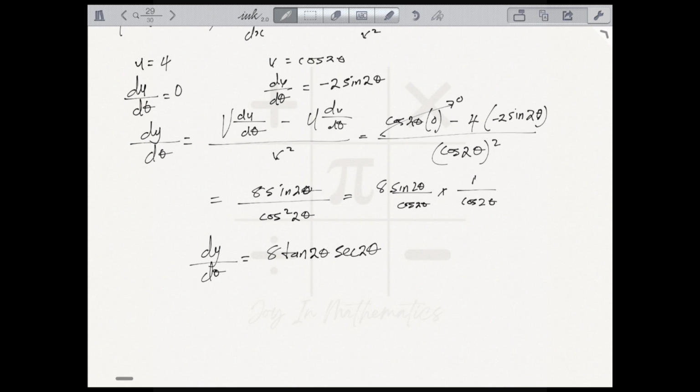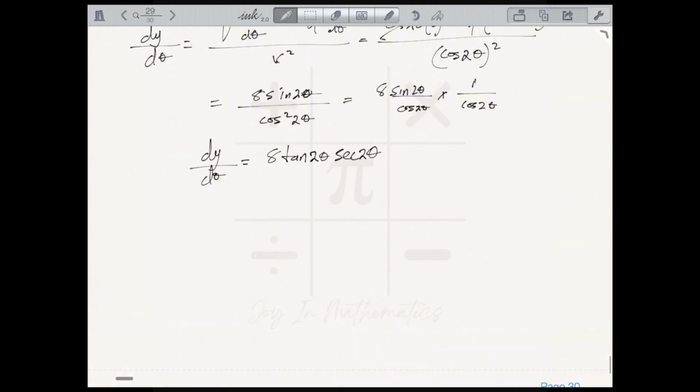Now, to differentiate further to attain d squared y d theta squared, we are going to apply the product rule, where we have this to be our u and we have this to be our v. So u is equal to 8 tan 2 theta, and our v is equal to sec 2 theta.